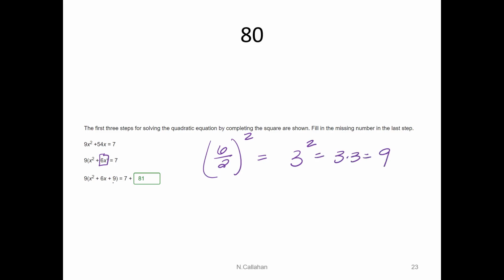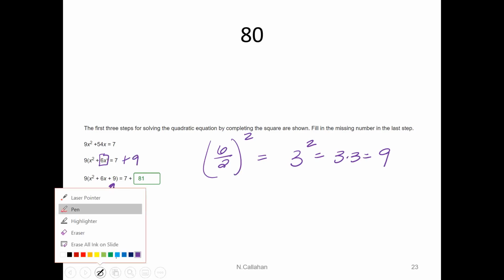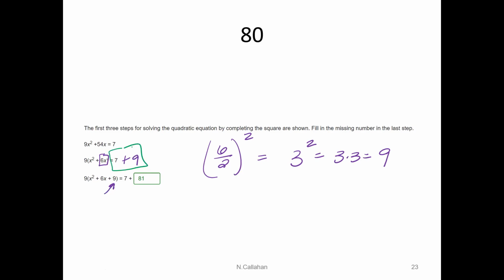So when you add 9 right here, you have to add the 9 on the right side as well. So 7 plus 9 is going to give you 16. But do you guys see there's a 9 on the outside of this? You've got to take that. Oh, you know what? You don't need to add 16. Your 7's right there. Just kidding, I'm sorry.